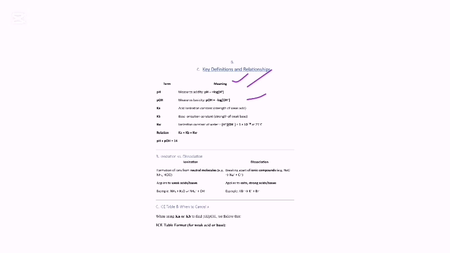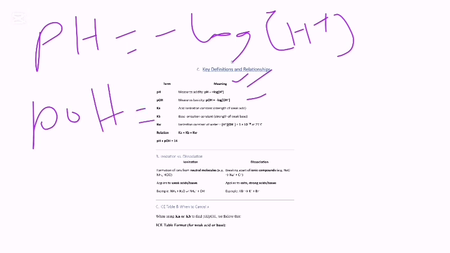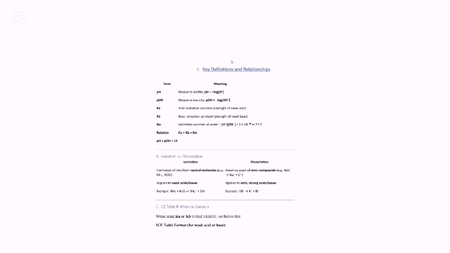The formula for pH is pH equals negative log of H positive. The pOH is the same, negative log of OH negative.